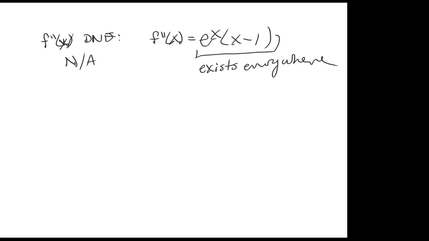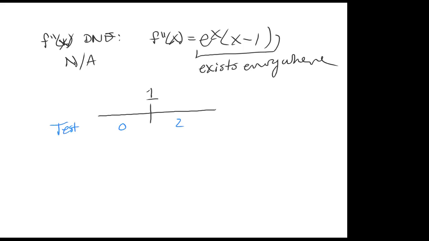So I've got those. Now I'm going to do a process very similar to what I did before. I'm going to put that possible location for change on a number line, and I'm going to test values. I'm going to test, say, 0 and 2 in the second derivative.